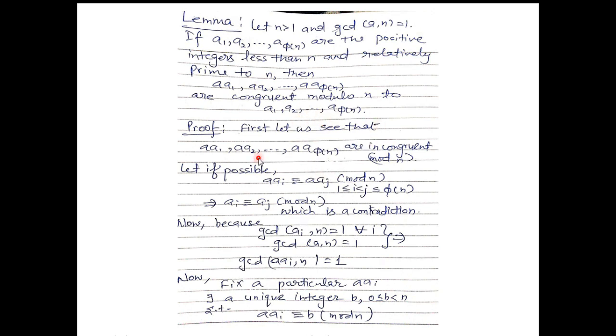So let us see that a a1, a a2, up to a a phi n are incongruent modulo n. They are incongruent to each other. Suppose, if possible, two of these numbers are congruent to each other under modulo n. So let us take a ai and a aj.